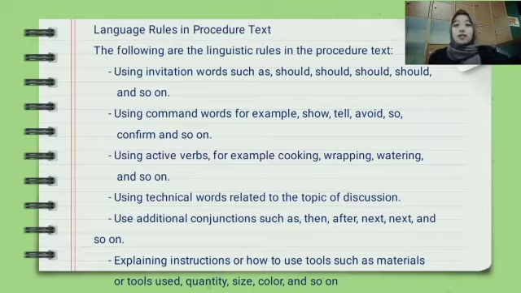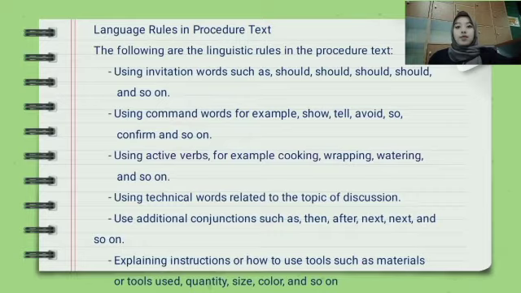Number 1. Using invitation words such as salt, and etc. Number 2. Using command words, for example, tell, avoid, confirm, and so on. And using action verbs, for example, cooking, wrapping, watering, and so on.